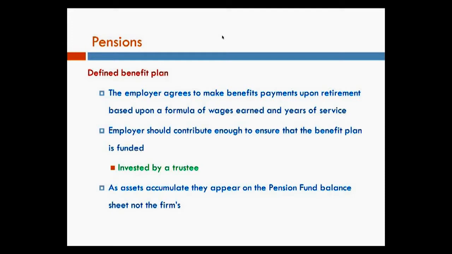So for defined benefit plans, the employer is agreeing to make payments upon retirement based upon some formula of your wages earned and years of service, etc. The employer is expected to contribute appropriately to ensure that the plan is funded. It's not always done right, and we'll talk about that. And the money that's invested into the benefit plan is then invested by a trustee to that plan. He's trying to make the right investments.